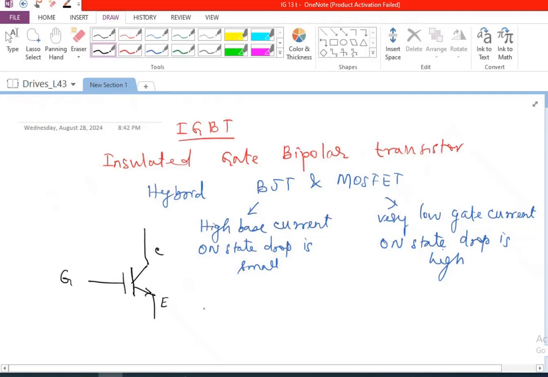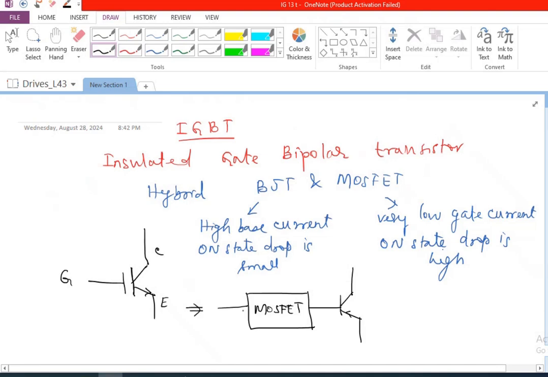So the IGBT is made up of, at the gate end, a MOSFET amplifier, and the MOSFET's output is given to a transistor. And it is a PNP kind of transistor. So we are going to have a transistor like this. So this is basically the total structure of the IGBT.